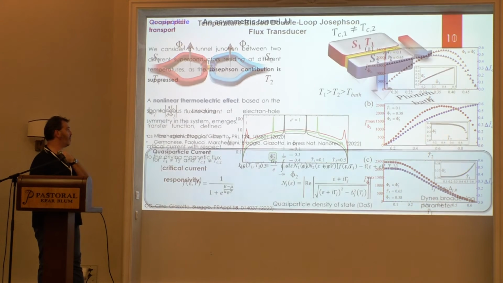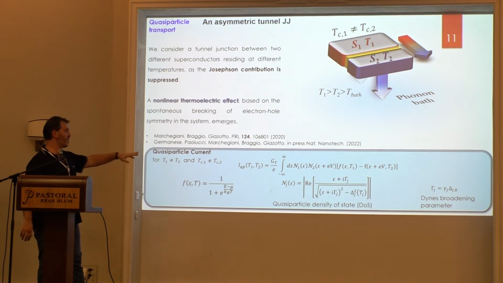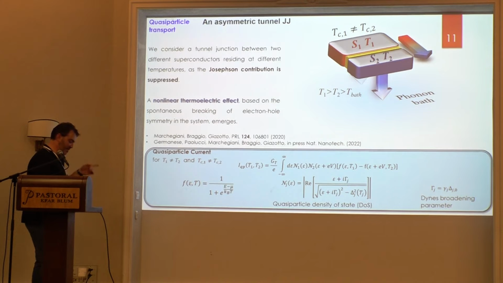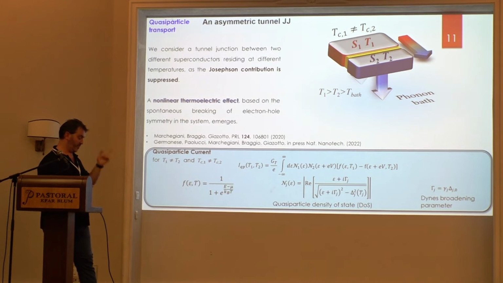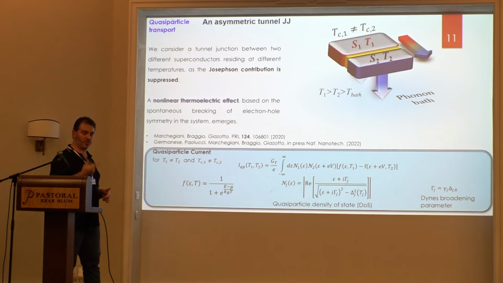This other part is really another story. These results are contained in two works of Francesco Giazotto's group: first the theoretical prediction, and then the experimental works confirming this phenomenon. What they did was the same, but studying the quasi-particle component and suppressing the Josephson component.